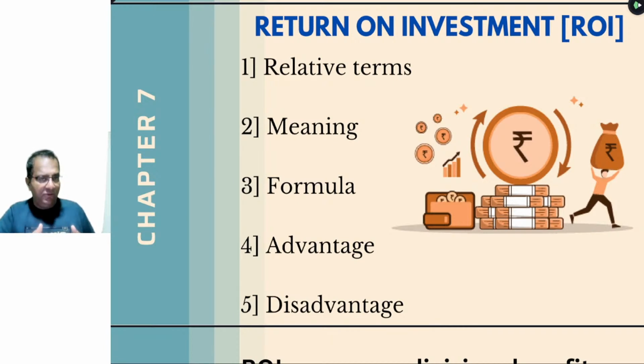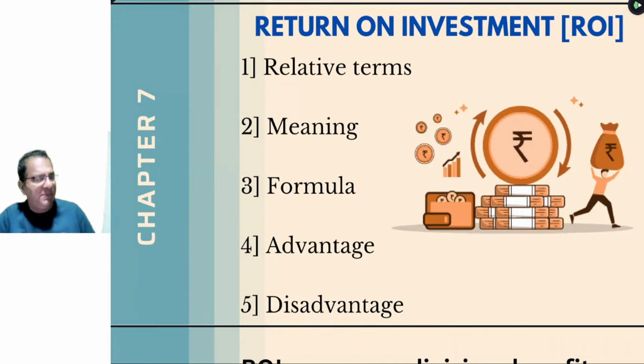Now, at the end, we want to check whatever investment they are having during that particular period, or whatever investment decision, sale and purchase of fixed assets, whatever the case may be, whether the assets available in the organization are utilized in the optimum manner or not. We will check it through return on investment.